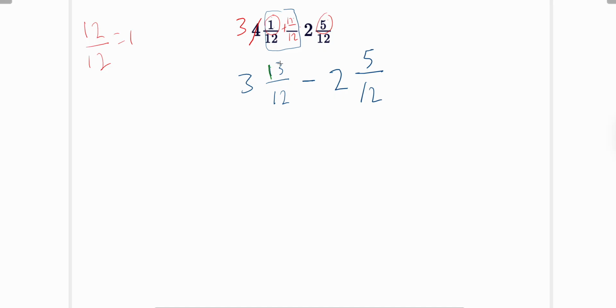I can certainly do 13 minus 5. So 13/12 minus 5/12 is going to be equal to 8/12. And now I'm going to subtract the whole numbers. I'm going to be doing 3 minus 2. 3 minus 2 is 1. So the answer is going to be 1 and 8/12.